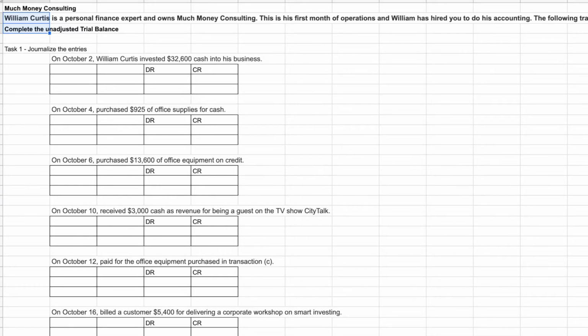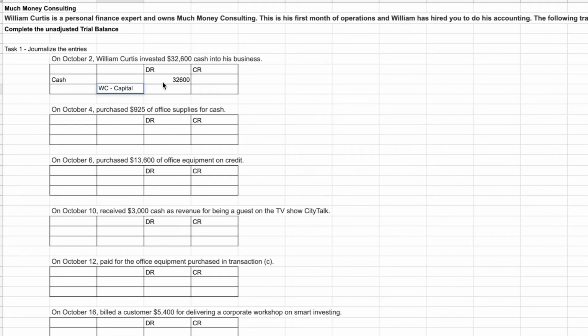So the very first thing, and traditionally we put the debit first, we're going to type in cash under the debit category. Cash will be debited for $32,600. The credit, and we indent the credit a little bit, so I'm putting it in the next box, will be for William Curtis, WC, capital.